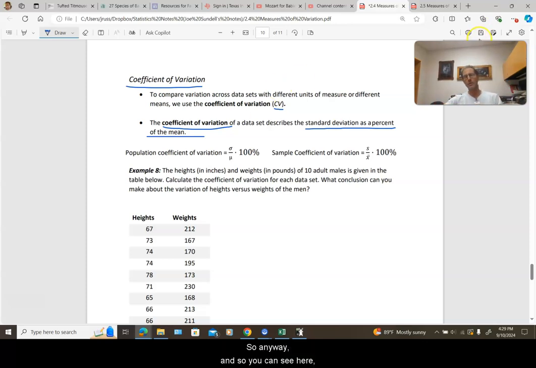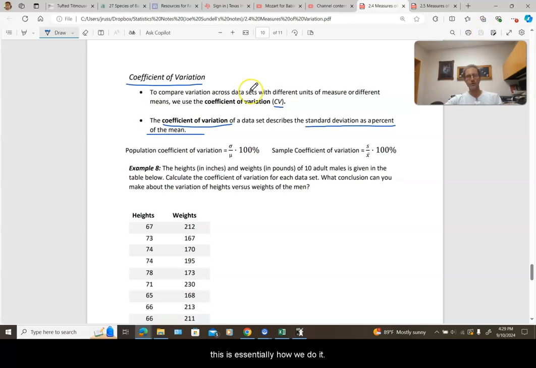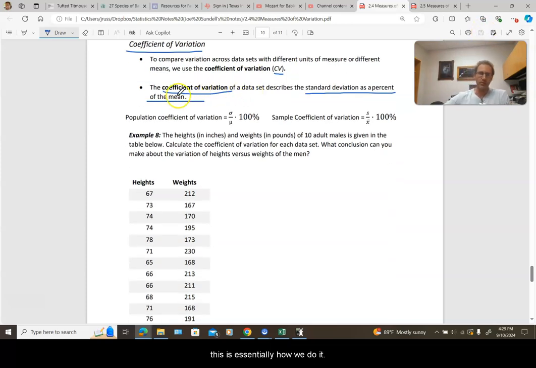So anyway, you can see here, this is essentially how we do it. Of course, if you have a population, then you're going to be using sigma and mu. Okay, so sigma, again, remember, this is the Greek letter that we use to denote the standard deviation of a population, divided by mu, which is the Greek letter that we use to denote the mean of a population.